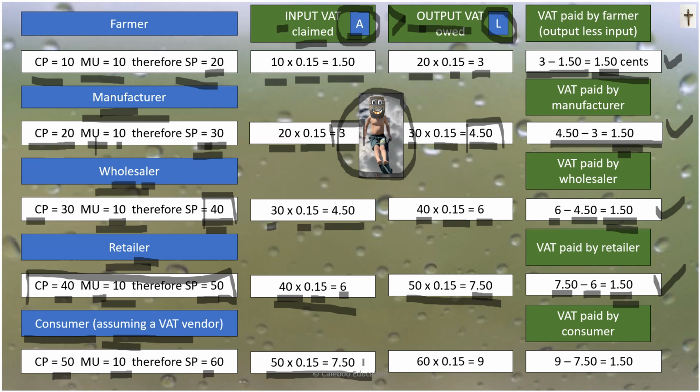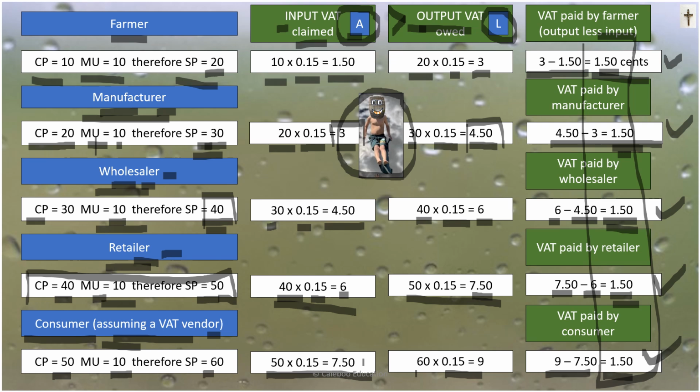The selling price times by 15% is equal to 9. 9 minus 7.50 is R1.50. So all this money has been paid over to SARS when these different businesses do their VAT return. That's basically how it works.